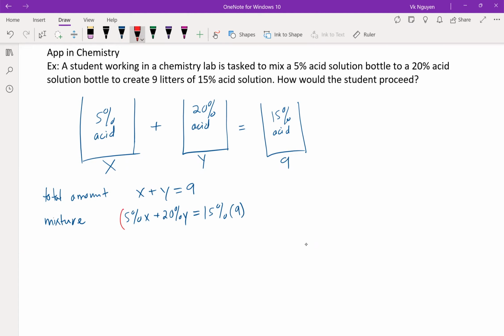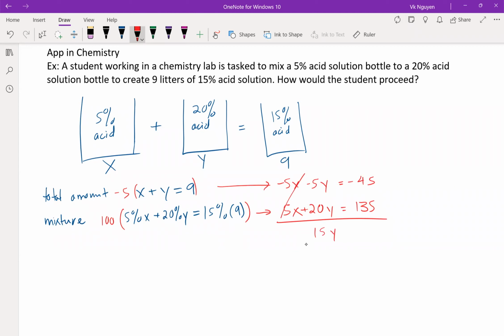Get rid of the percentage by multiplying by 100. 5X plus 20Y is 135. Well, now we can multiply the first equation by -5. And we get -5X minus 5Y equals -45. Add them up. We get 15Y is 90. Divide both sides by 15, Y is 6.